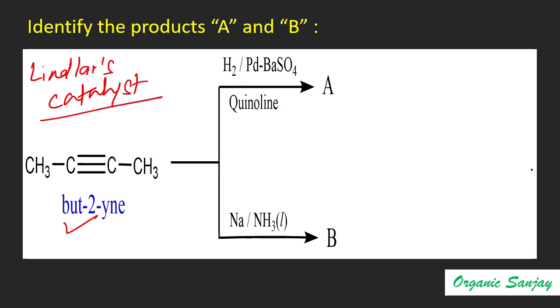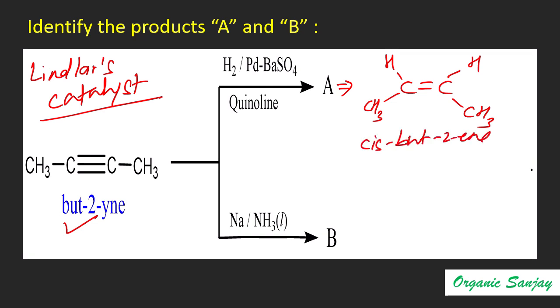So A means C double bond C with CH3 groups, where 2 hydrogen atoms will add from the same side, so it will give cis-but-2-ene. And what is B?